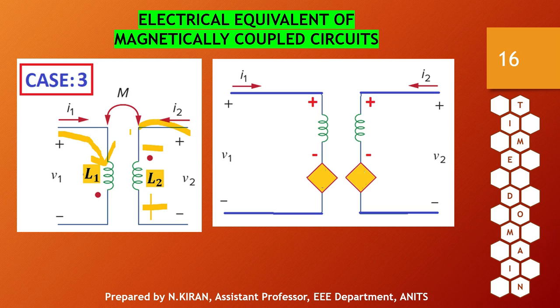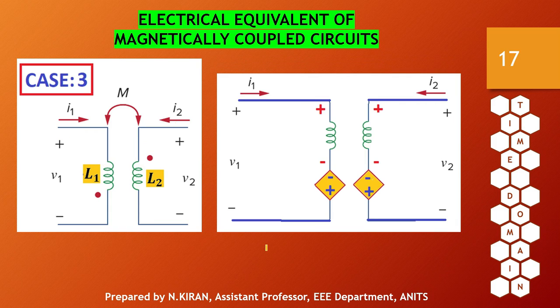I2 current is entering at the dotted end of the second coil. Since the current I2 is entering at the dotted end of the second coil, positive will be at the dotted end of the first coil and negative at the bottom.